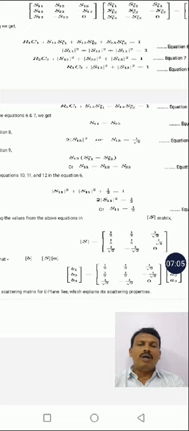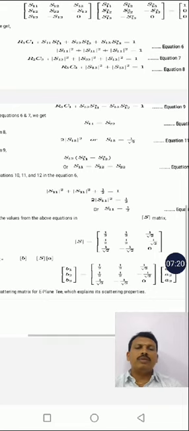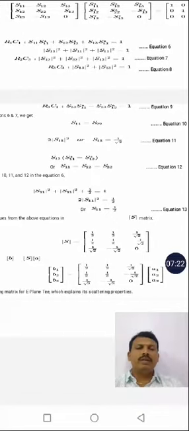All values are incorporated into the general equation, equation number 6. From equation number 6 you will get the final scattering value S11 equal to 1 divided by 2. That is equation number 13.